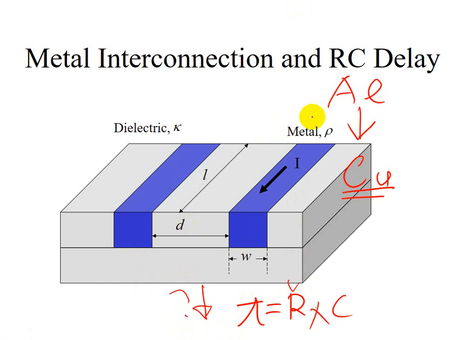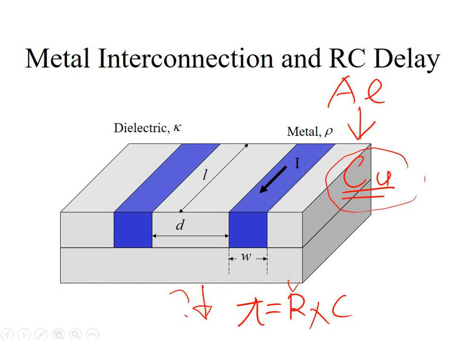But it doesn't look like in the future you're going to change copper into silver or gold, because the cost is much higher than the performance gain from changing from copper to silver.